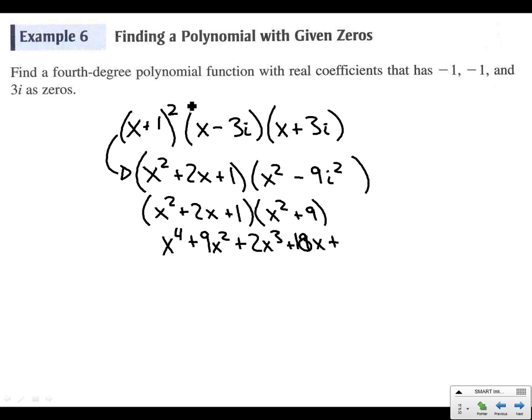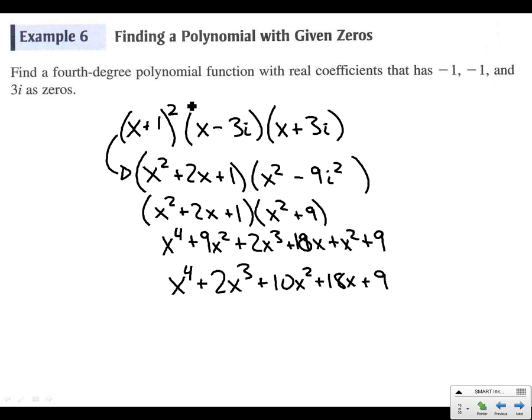We'd have an x squared, and we'd have plus 9. Go ahead and I'll write this in the correct order. x to the 4th plus 2x cubed plus 10x squared plus 18x plus 9. And so that's one possible answer.